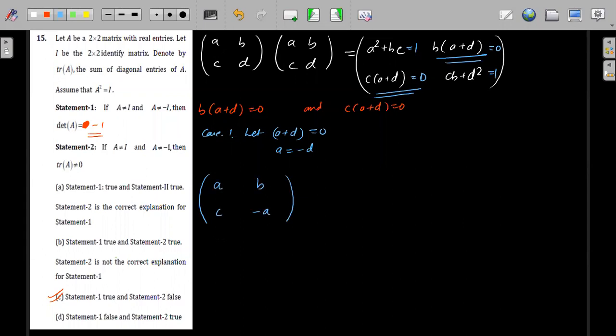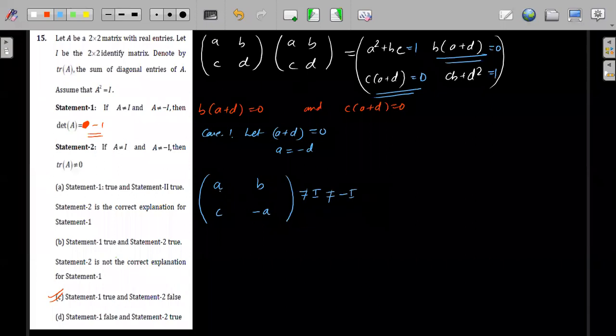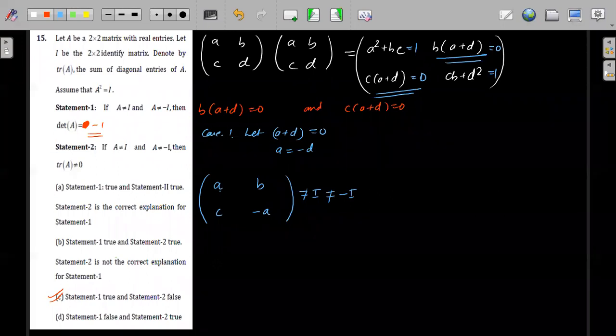This matrix can never be equal to the identity matrix and never be equal to minus of the identity matrix, because these two are opposite in sign, right? So they can never be identity. And even if a is equal to 0, we do not have any problem with that also, because then that is also not equal to identity, right?